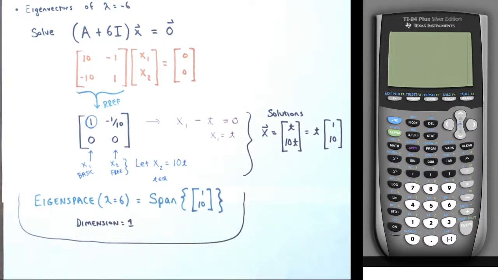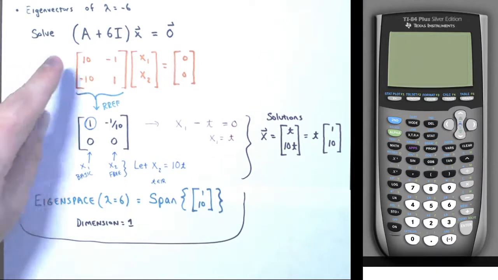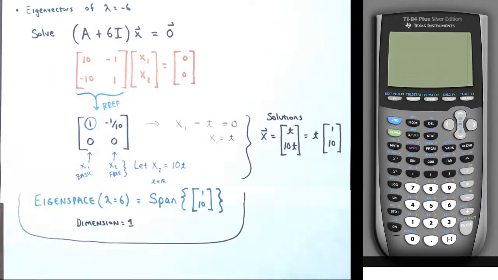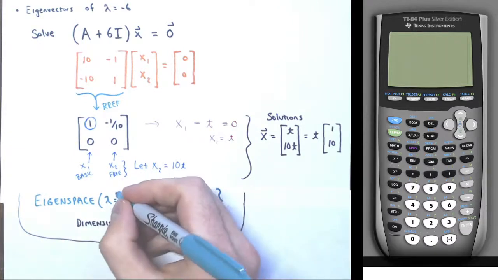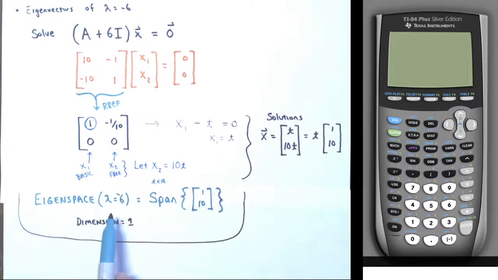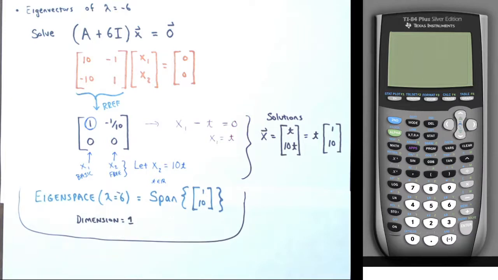And then the eigenvectors of this matrix that correspond to -6, sorry, I wrote 6 here, -6, lambda equals -6. Then the eigenvectors are just the eigenspace vectors, all the vectors in the eigenspace, but without the 0 vector. So just all these vectors that look like this, just so long as t is not 0.